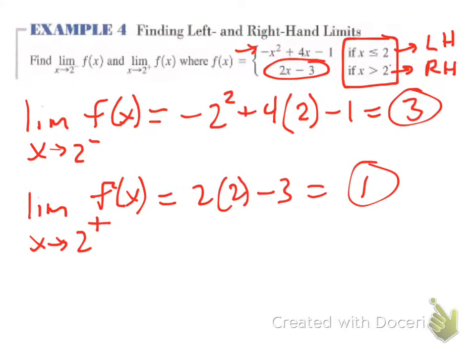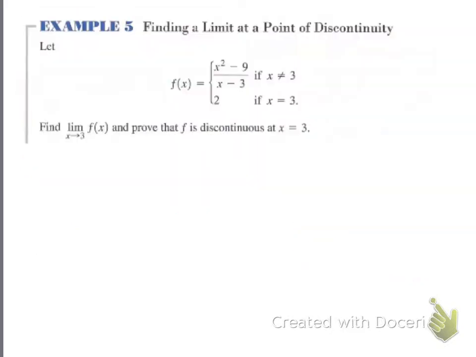So in this example, there is no limit because 3 doesn't equal 1. We approach 2 from the left, and the function approaches 3. We approach 2 from the right, and the function approaches 1. So they're approaching two different numbers from either side. That would mean there is no limit.